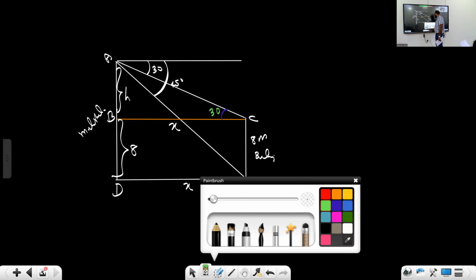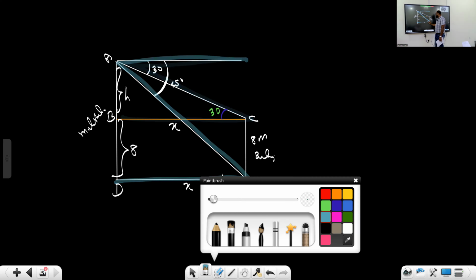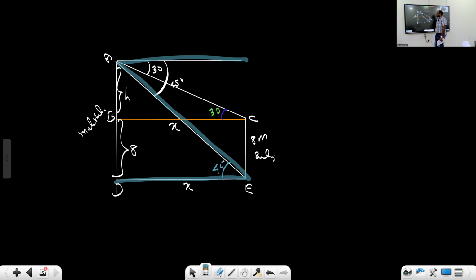Why 30? I told you, think about what? Z. One Z is forming, either it can be a mirror image. Is it Z or N? If it is coming, it will be what? Alternate. How much will be this? 45. So draw, that also you mark.